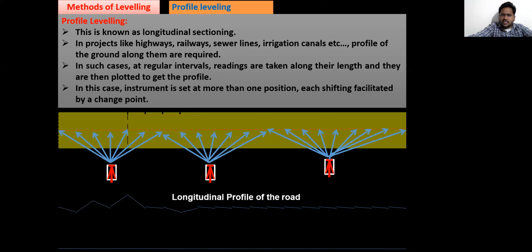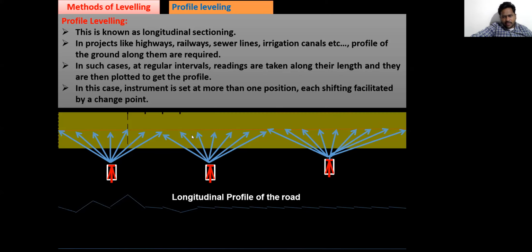In projects like highways, railways, sewer lines, irrigation canals, etc., the profile of the ground along them is required. In such cases, at regular intervals, readings are taken along their length and are plotted to get the profile.